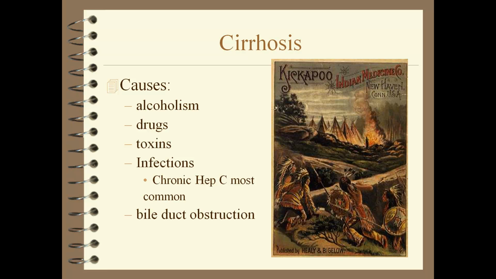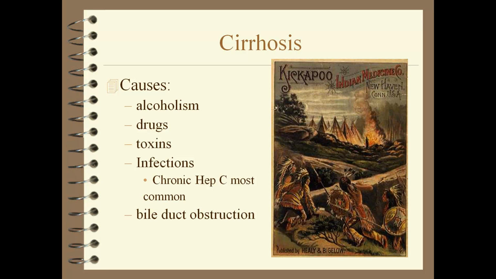If a patient ODs on Tylenol, that can cause you to go into liver failure. Hep C is the most common infection because it's chronic, so chronic Hep C infections can cause cirrhosis over a long period of time. Cirrhosis usually comes on very slowly, unless you do something like take tons of Tylenol.